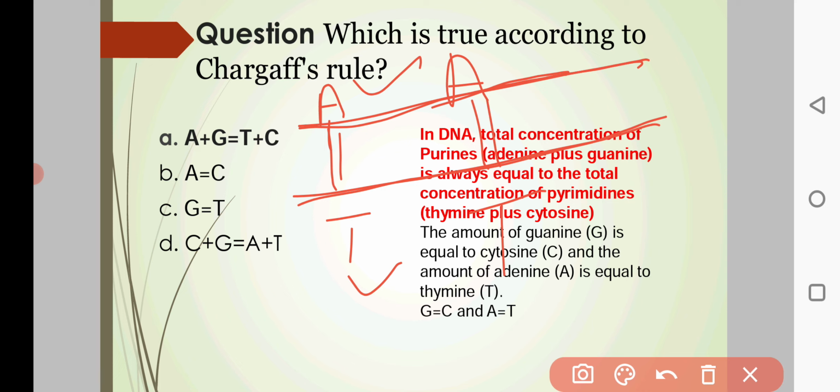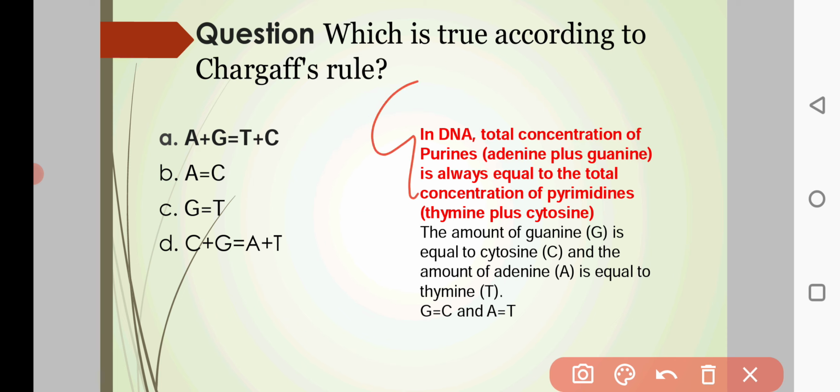So A will always be equal to T. Likewise, if here G is present in one strand, on the opposite strand always C will be present. If C is here, always on the opposite strand G will be present. Okay, so in this manner we can say G is always equal to C.